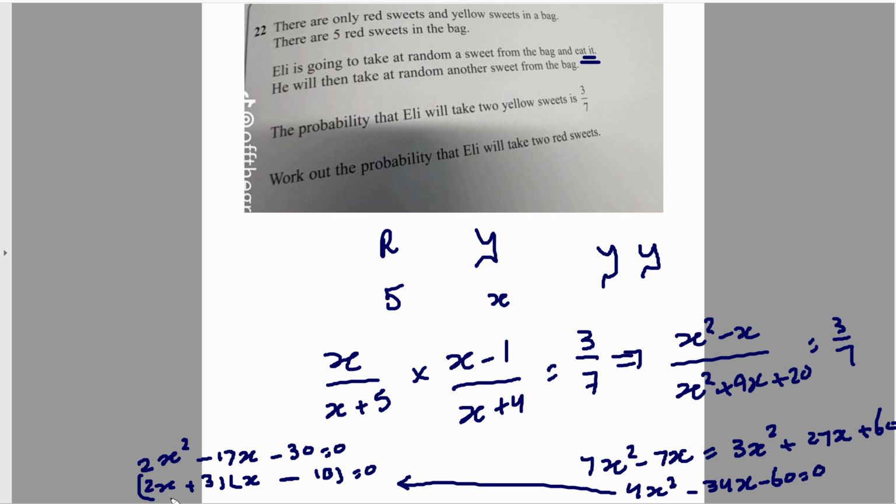So x is going to be equal to negative 3 over 2. We have to disregard that because x cannot be negative. Or x equals 10. So this is how many yellow. Okay, so now R is 5, Y is 10.